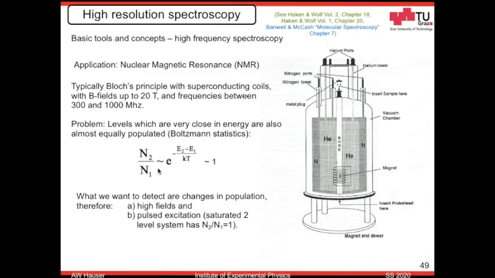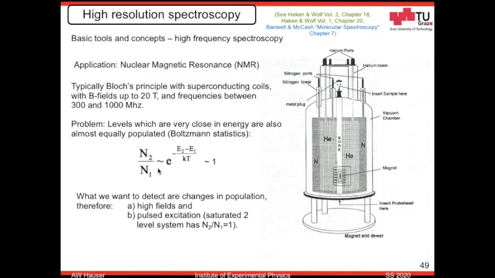We would like to have a large difference in occupation for the two states, because then we can see a change in population if we excite with the correct photon, or with the correct frequency for the photon coming in to do the excitation from 1 to 2.